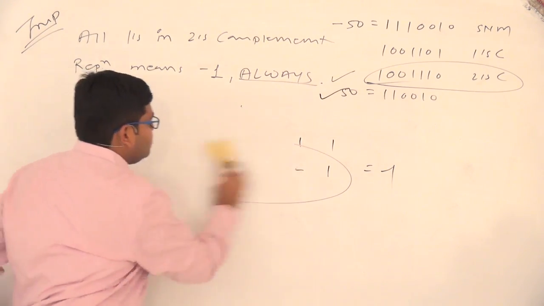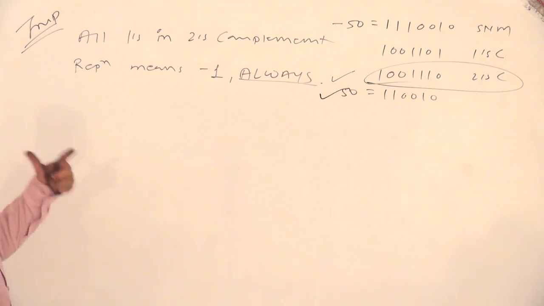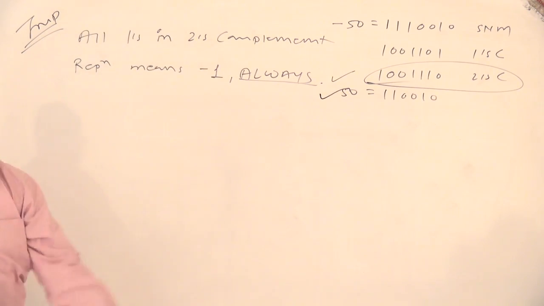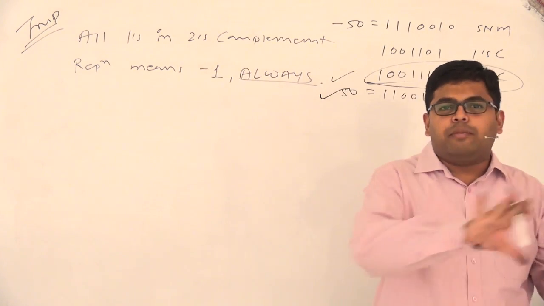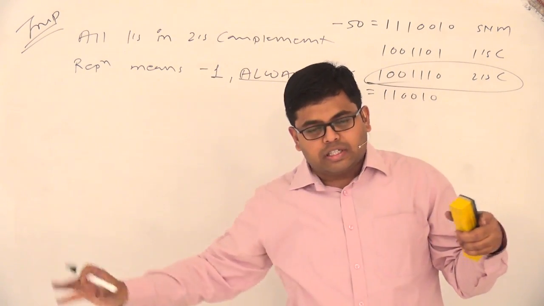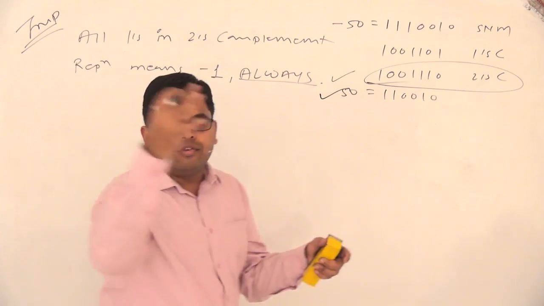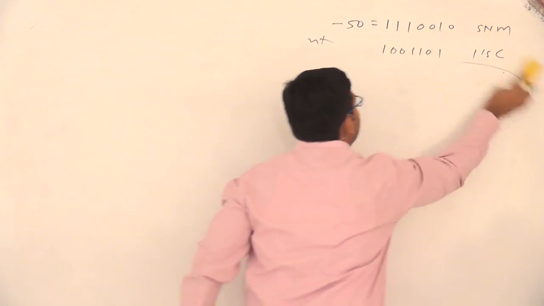Now, what we will do, we will try to see how a particular bit pattern can be interpreted in various representations. Right now what we have seen is how minus 15 can be represented in various representations: minus 15 in sign and magnitude, minus 15 in 1's complement, minus 15 in 2's complement. And now what we are going to do is the reverse process.